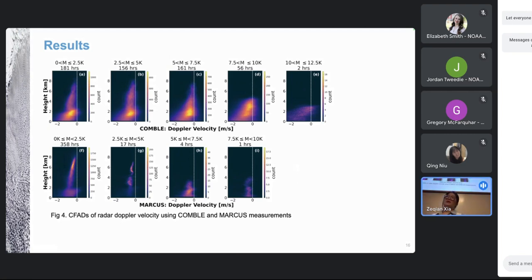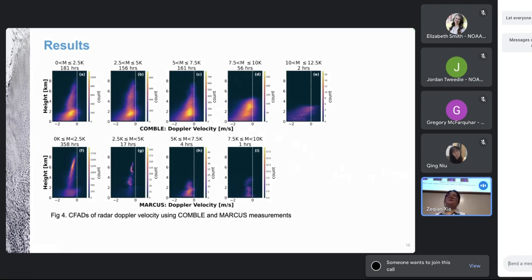Another problem is that MARCUS was not designed for cold outbreaks, so the observations are very limited. You can see the difference here: when M is larger than 7.5, we only have 1 hour of observations, but for COMBLE we have more. So MARCUS is probably not so representative of the Southern Ocean environment. Based on the data we have now, that's the hypothesis.